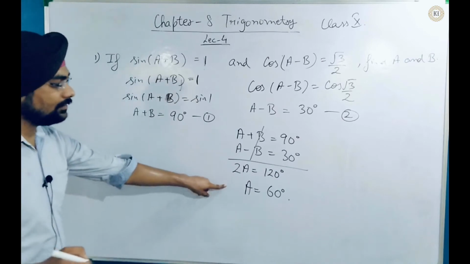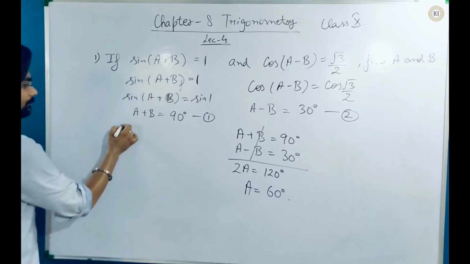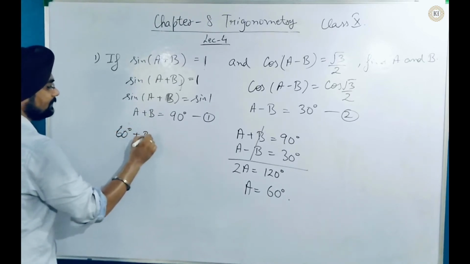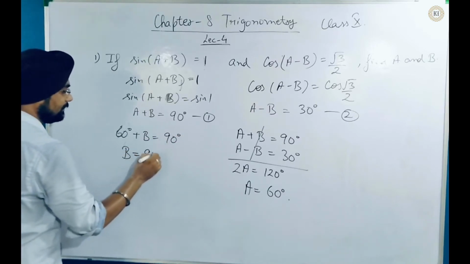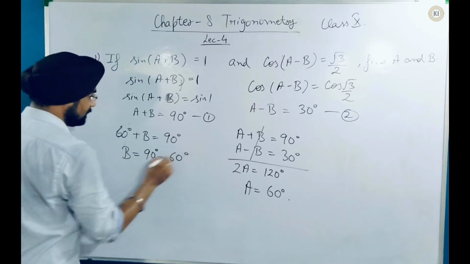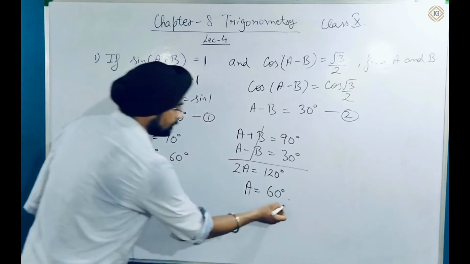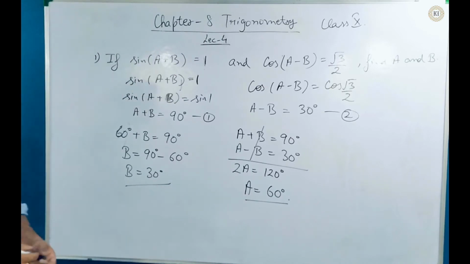Now we put the value of a in equation number 1, or you can put it in equation number 2. So 60 degree plus b is equal to 90 degree. So value of b is 90 degree minus 60 degree, so value of b will be 30 degree. So value of a is 60 and value of b is 30 degree.